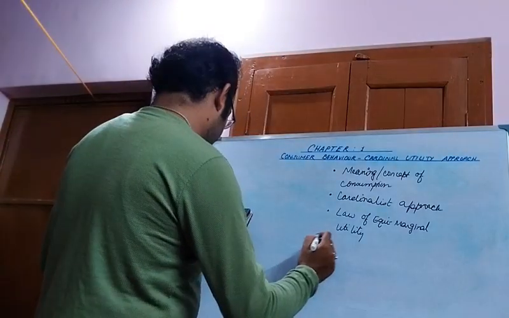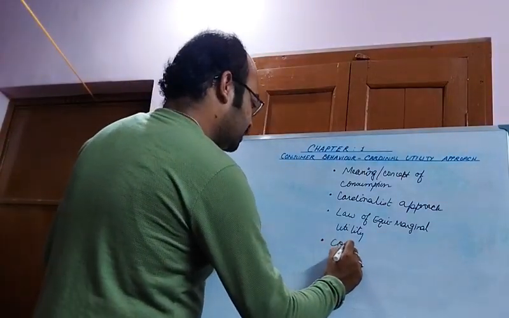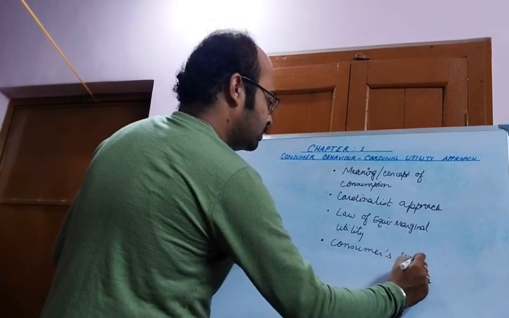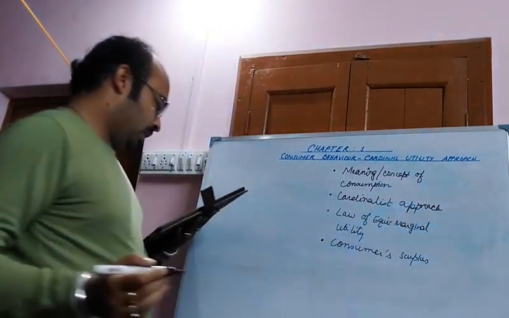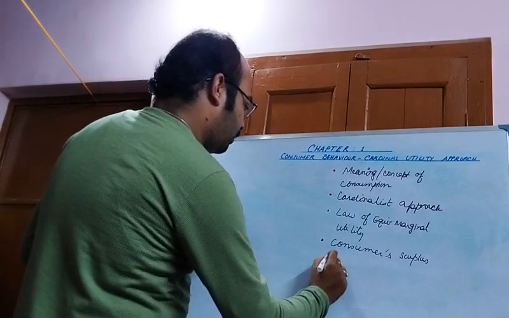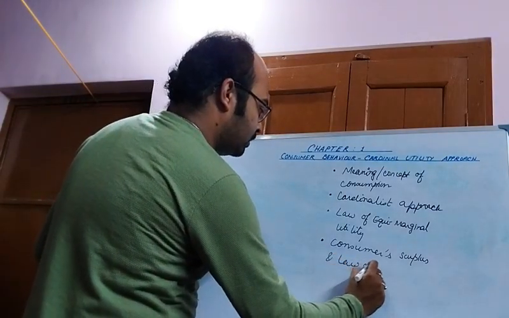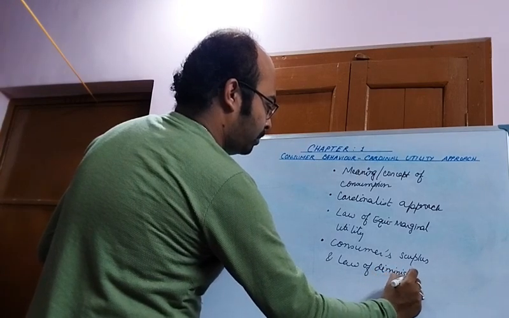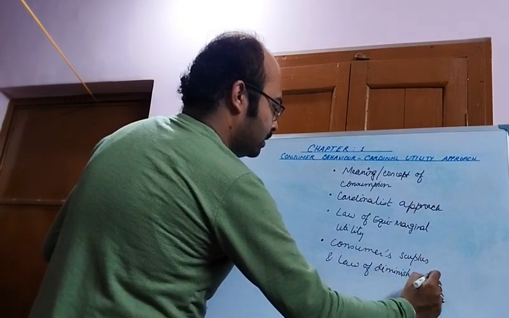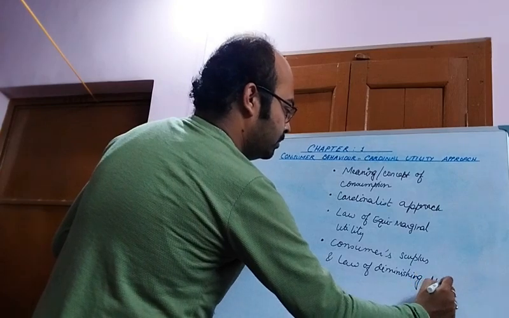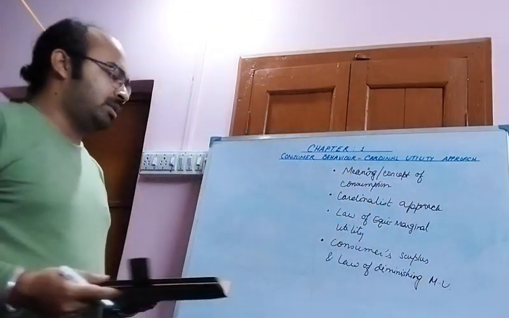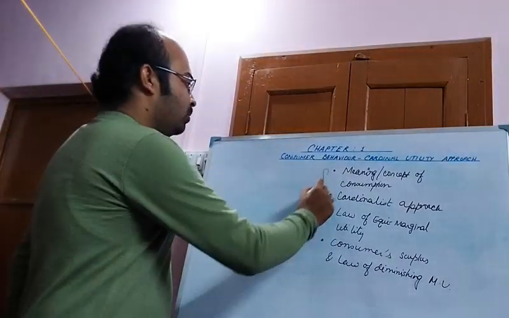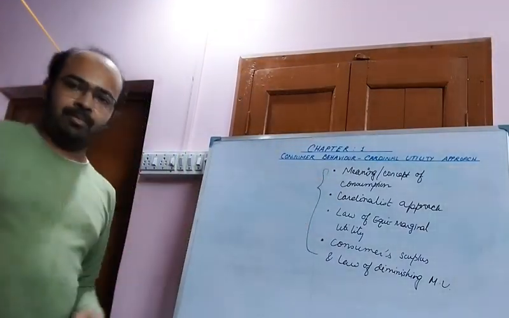And the last topics are consumer surplus and the law of diminishing marginal utility, which is again an important and easy topic. These are the basic topics which we are going to study in this chapter.